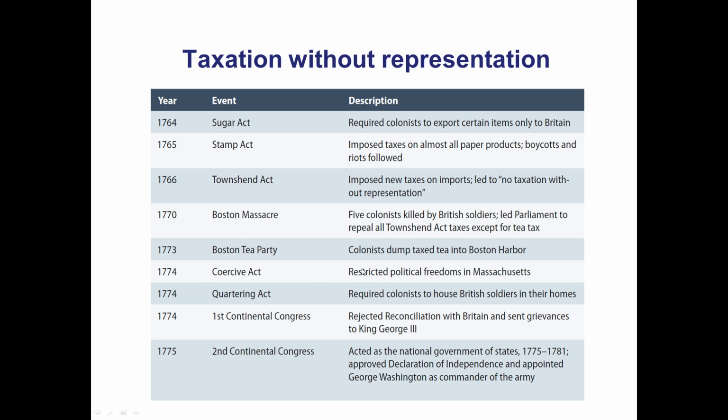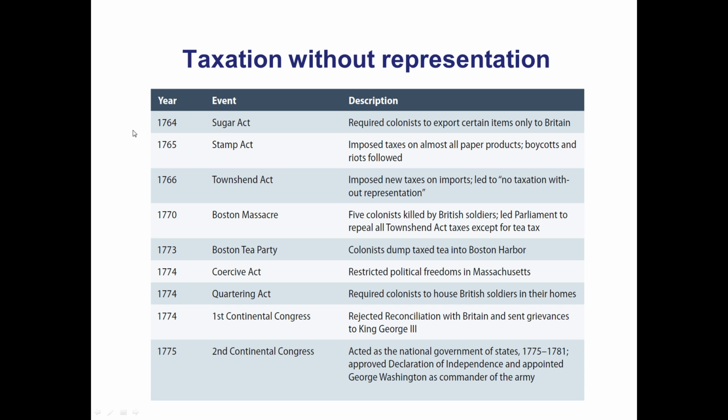Retaliatory acts by the Crown in the form of political restrictions against Massachusetts specifically, more restrictions on freedom in terms of the Quartering Act. You're required to house British soldiers in your house or your estate.